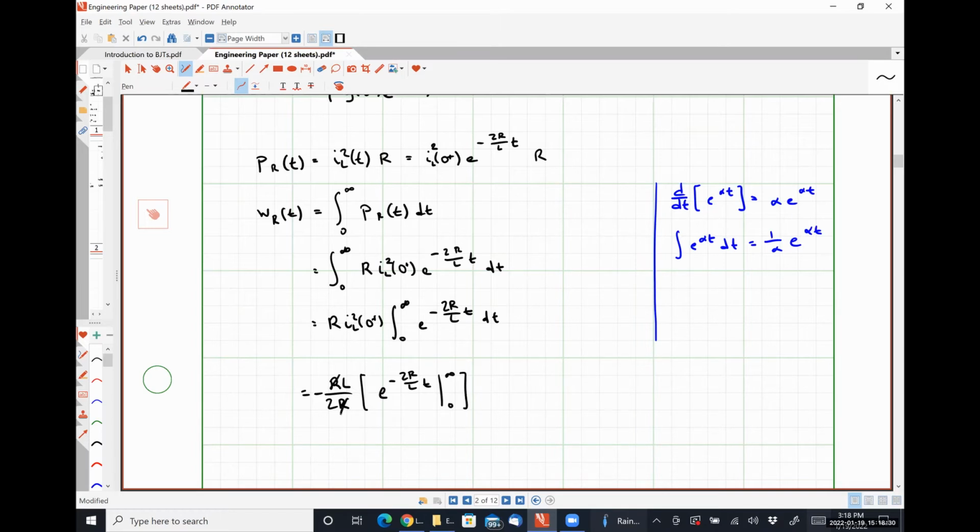Well, obviously these r's cancel each other out, leaving us with negative L over 2. Oh, and I'm sorry, I forgot my I. Let me tuck that in here. I L 0 plus quantity squared.